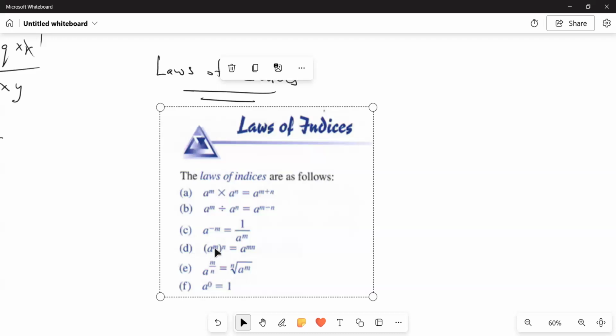A to the m power raised to the n power is equivalent to a to the mn power. A to the m over n power is like you're raising a to the m power and finding the nth root. And any non-zero number raised to the 0 power is 1. Clear?